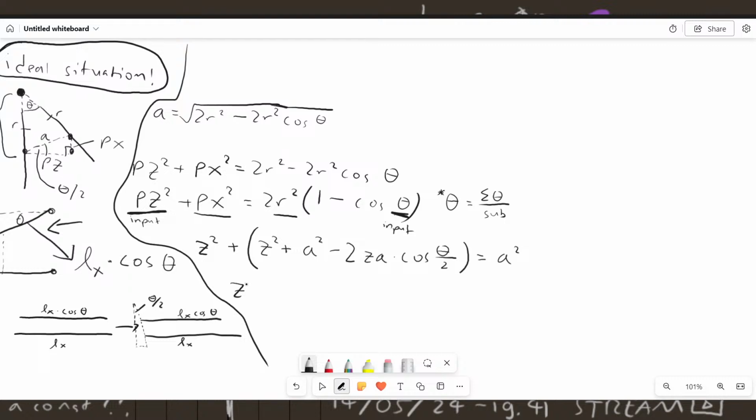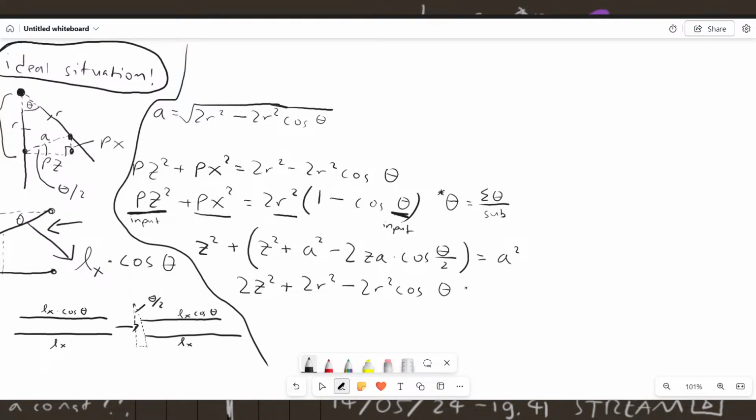So z squared plus, oh wait, I can just do 2z squared. So 2z squared plus a squared is 2r squared minus 2r squared cosine theta.